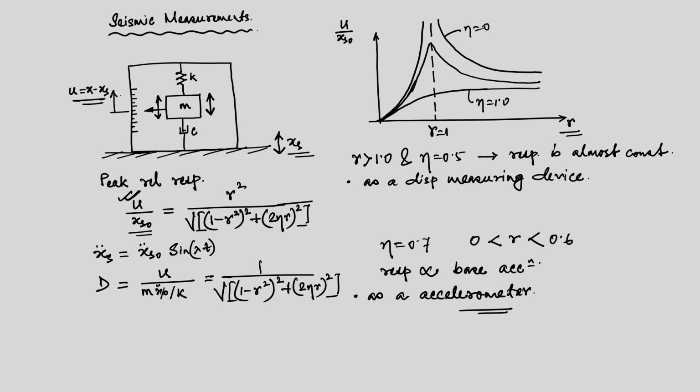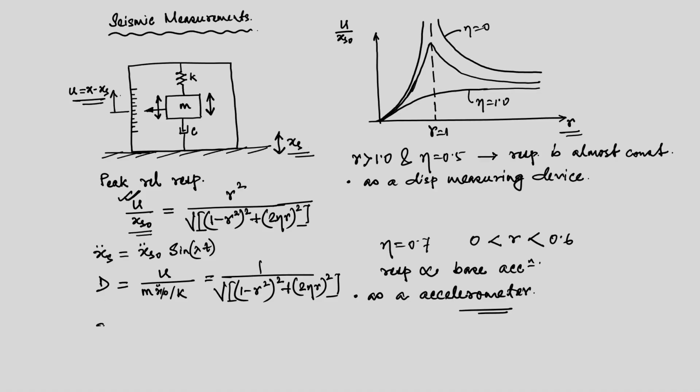So, the theory that we have developed today is applicable for seismic measurements. As we move further in this course, we will see if we have an arbitrary record. What we do normally in case of an earthquake, we measure the accelerations.